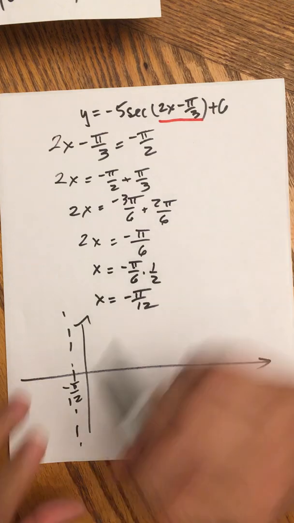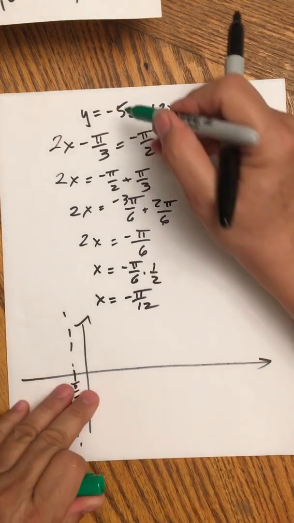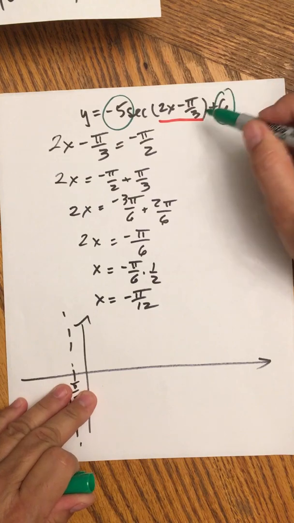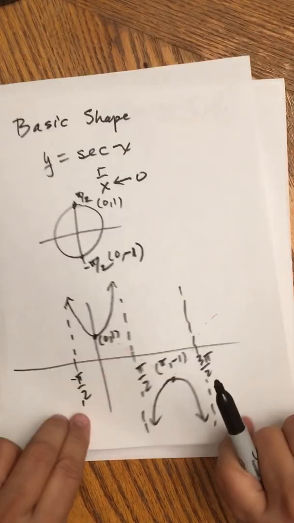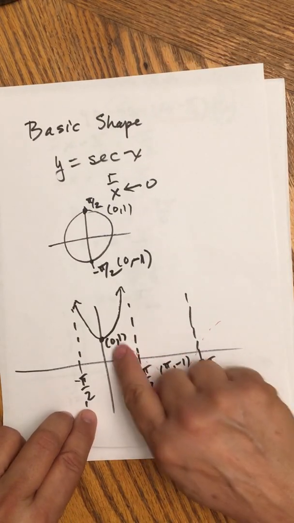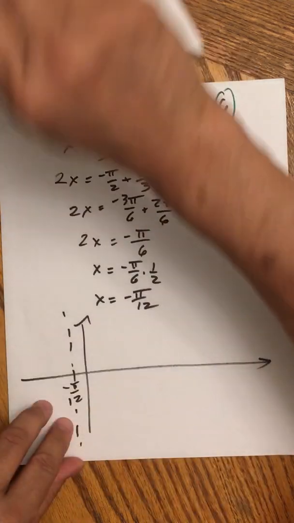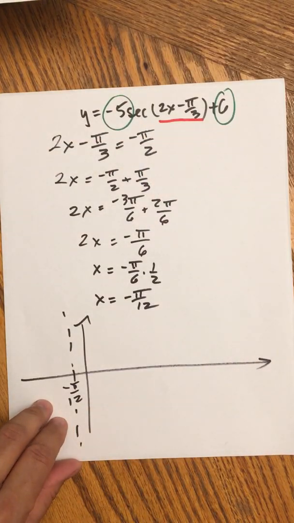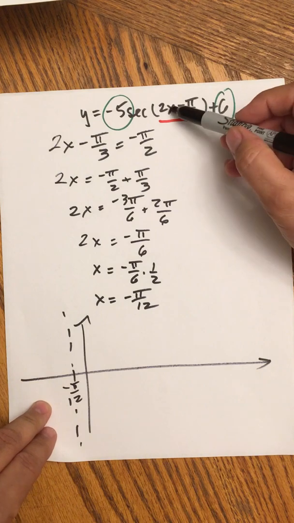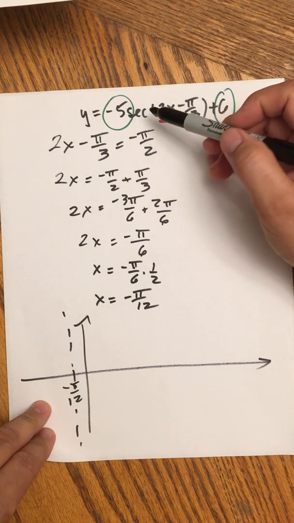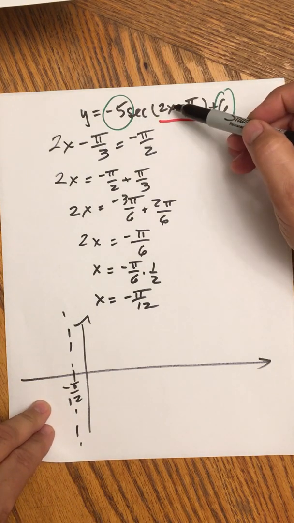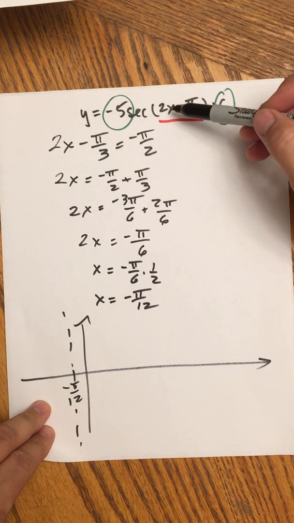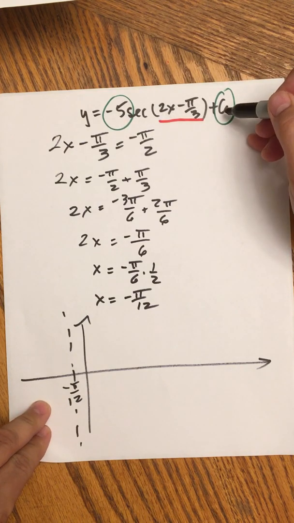And then I can say, well, vertically, you've got -5 and 6 here, so if you look back at your y values, you had 1 and -1. So I don't even need to know what angle it's going to give me y equal 1. I'm going to put in some x value, I'm going to end up taking the secant of that angle, and it's going to give me 1. So -5 times 1 is -5 plus 6 is 1.